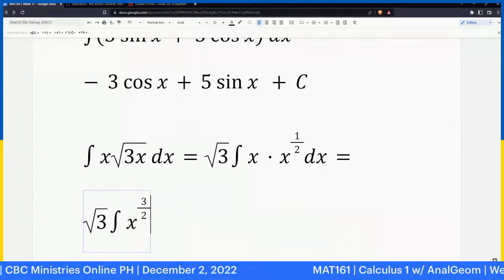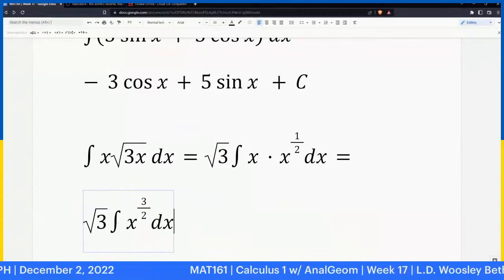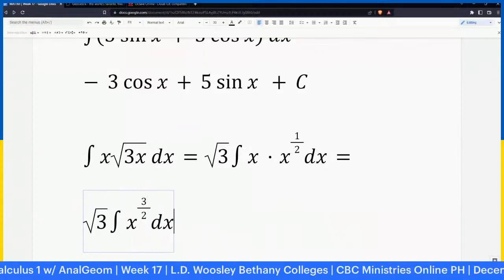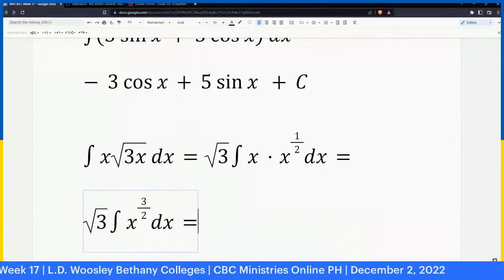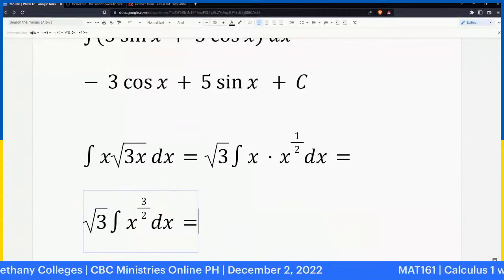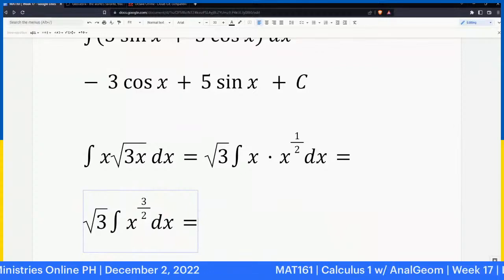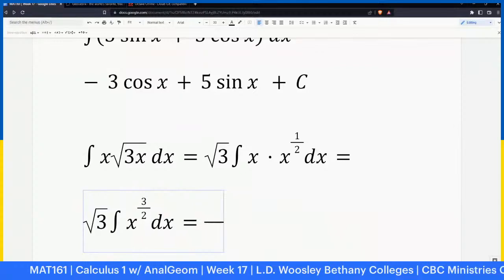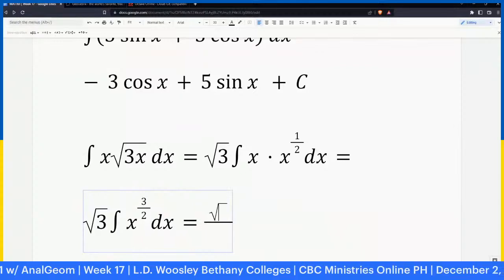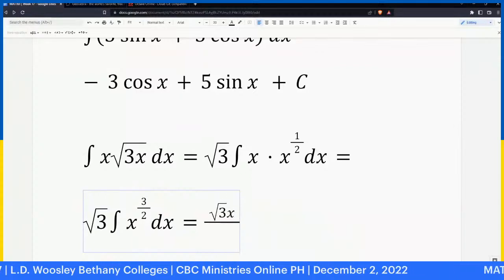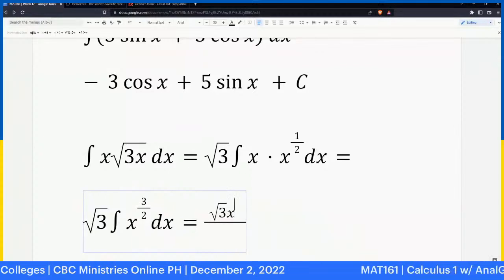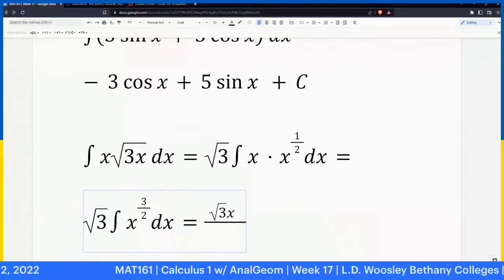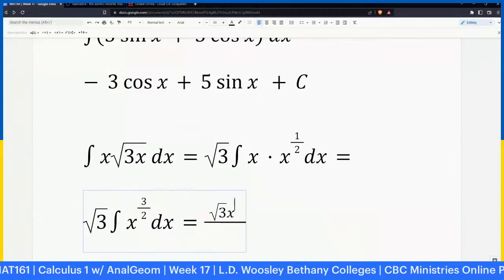3/2. Ayan. Okay na. Integrate using u raised to n is equal to u raised to n plus 1 all over n plus 1 plus c. But don't forget the constant square root of 3. So basically, you have square root of 3 times x raised to 3 halves plus 1. 5 halves.